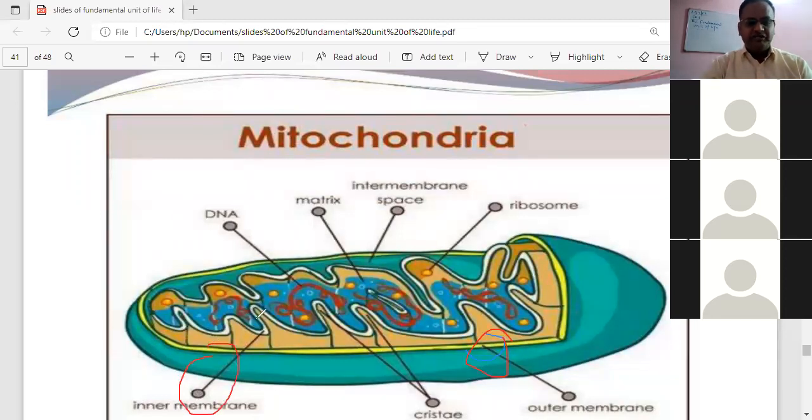Now the inner membrane is folded into numerous finger-like projections, which are the infoldings, that is called the cristae. And within the cristae, we have the matrix, and the DNA, which is a genetic material, is present within the mitochondrial matrix. Okay, so this is the structure of the mitochondria.